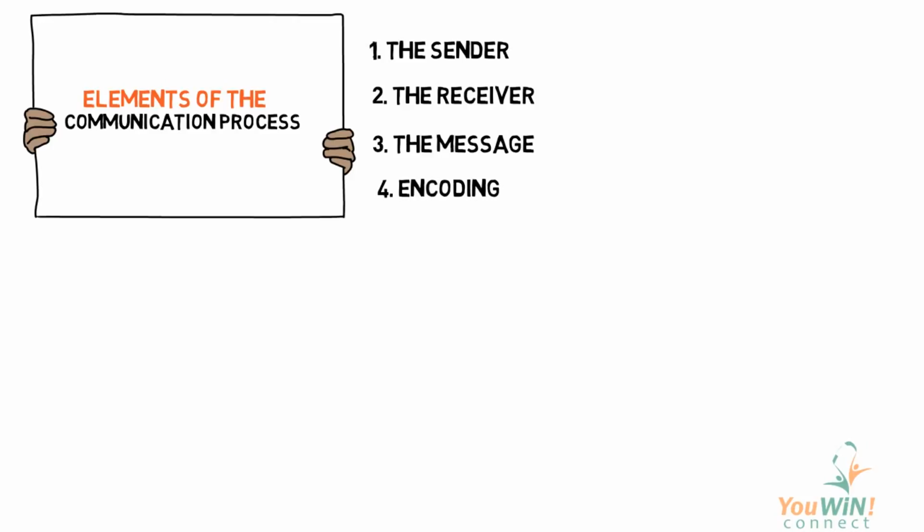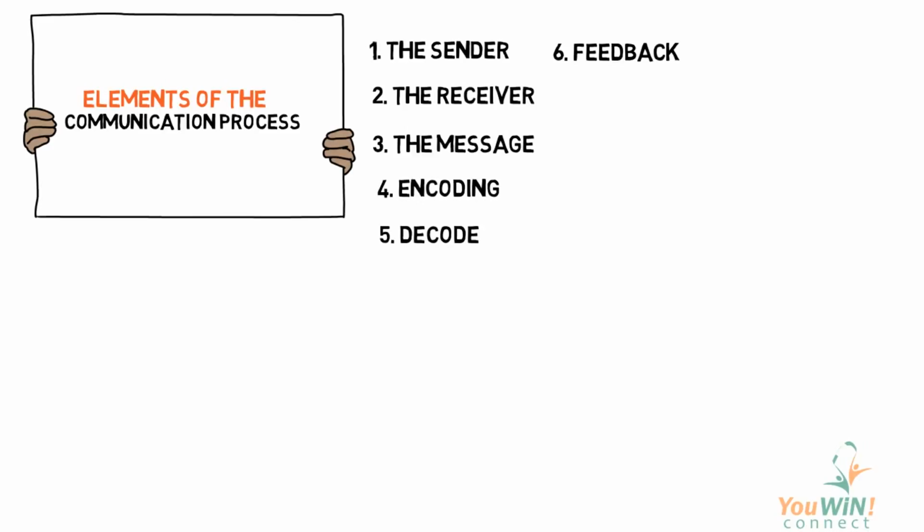The fifth element is decoding. This is the way that a receiver interprets the information received from the sender. The sixth element is the feedback. The feedback is the way in which a receiver lets a sender know how the information is understood.